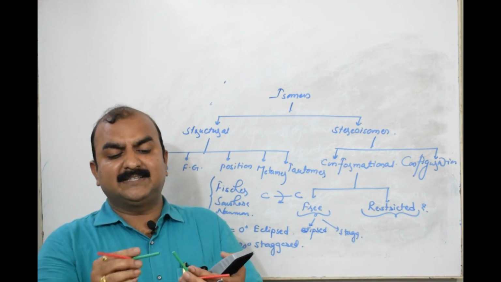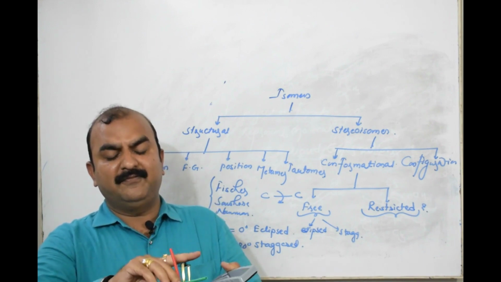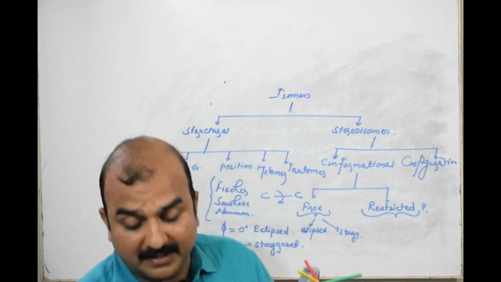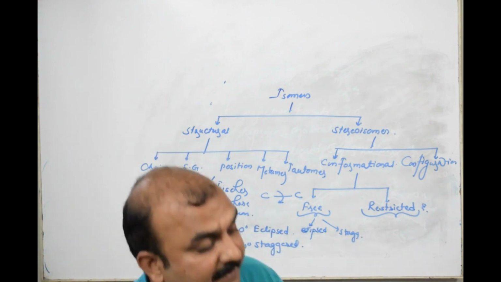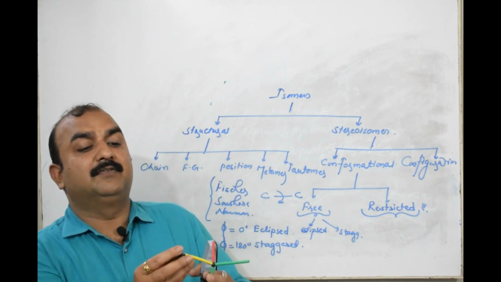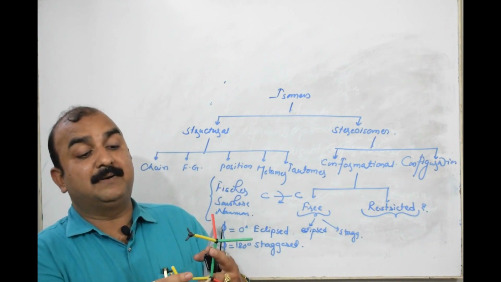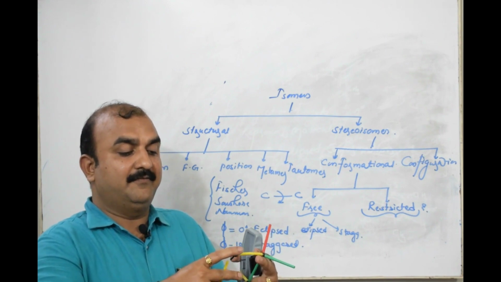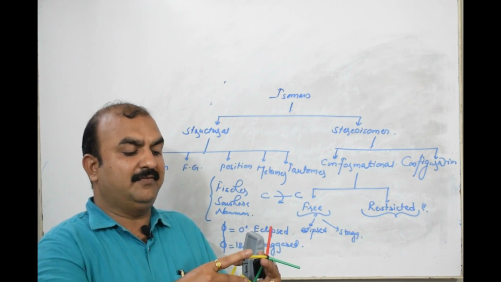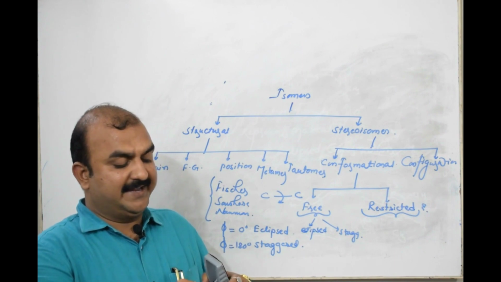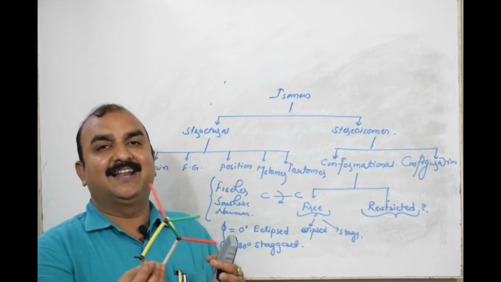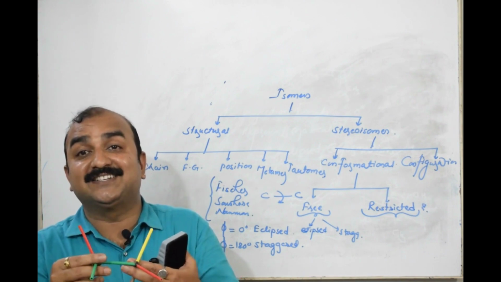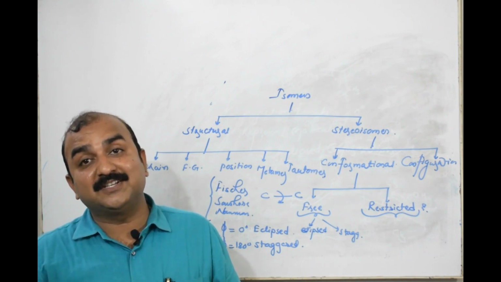Now when there is a restriction, please see, if this carbon-carbon single bond is converting into a cyclic compound, when there is the presence of a ring or cycle, we cannot have carbon-carbon free rotation. So where is the restricted rotation?